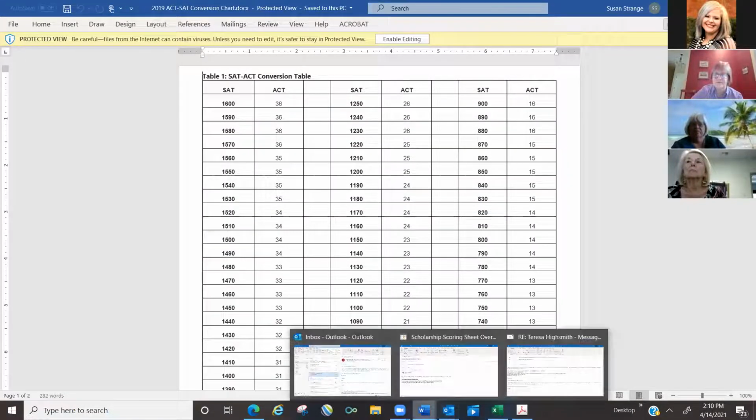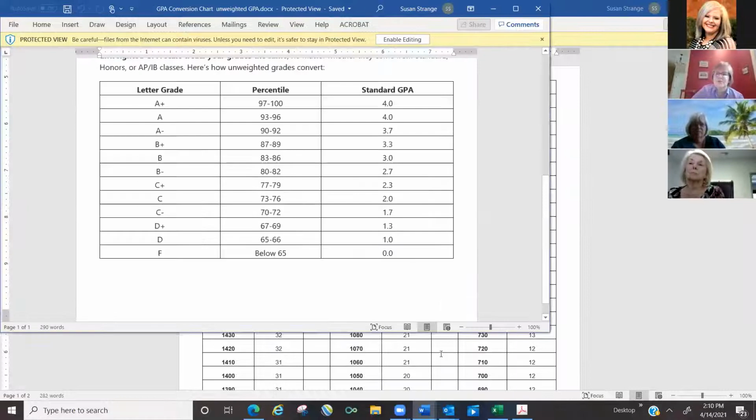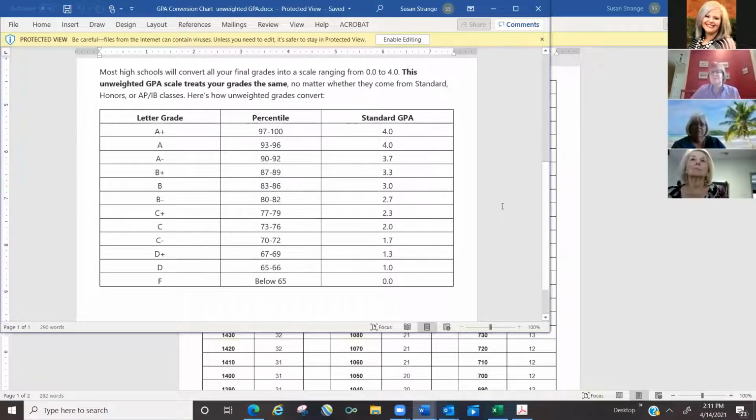Then there is a GPA conversion chart. Sometimes I know that Millette is asking for non-weighted GPAs, and I think most of the schools are able to send that, but sometimes they are not non-weighted. So in that case, you need to convert everything to a 4-point scale because that's the scale that's used on non-weighted GPAs.